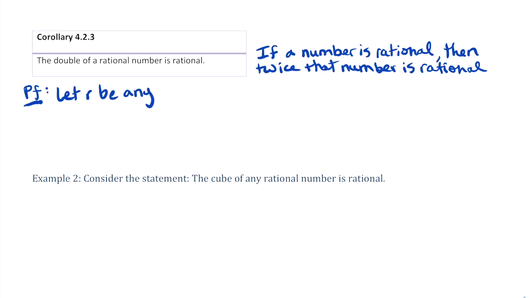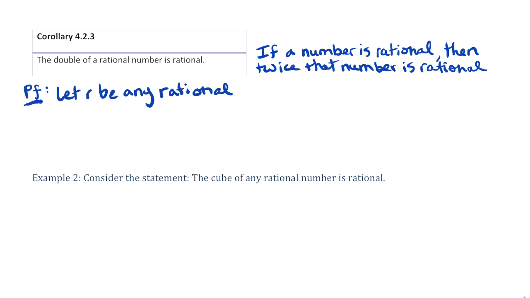I notice your author emphasizing let R be any rational number, she's careful that it can be any number from that set. Well, what is doubling something? It's adding that number to itself twice, right? So 2 times R is equal to R plus R, right?